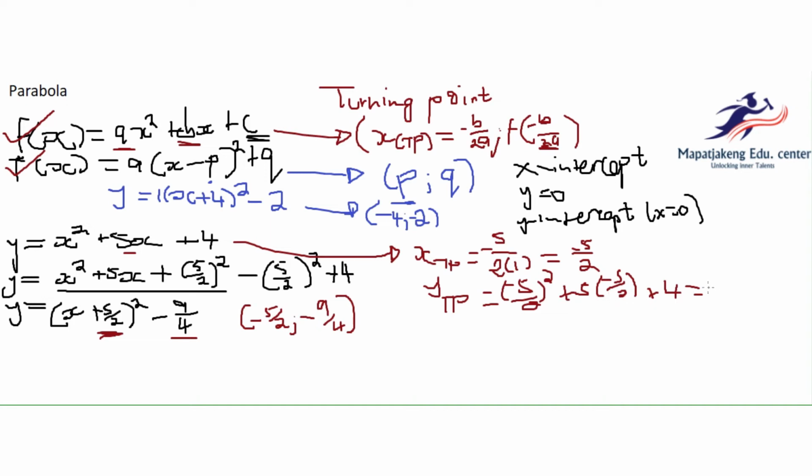Then it ends up giving you negative 9 over 4, because these are like terms. Then you see your x is equal to your x turning point, your y is equal to your y turning point. You can use either of the two forms, any one of the two, because the form gives you the opportunity to use any and save your time. You can't be converting while you can just get it directly.